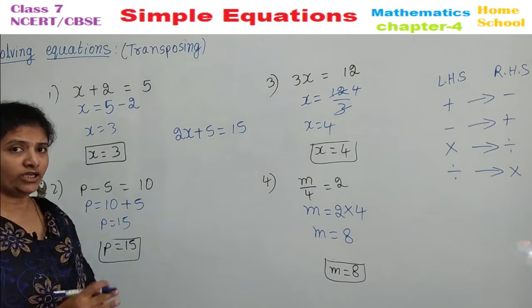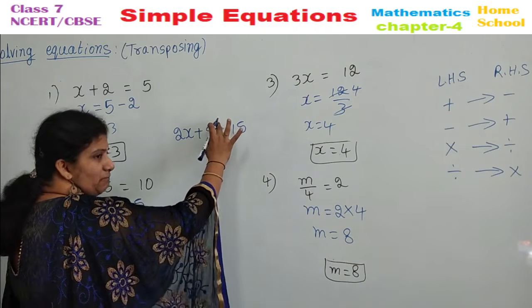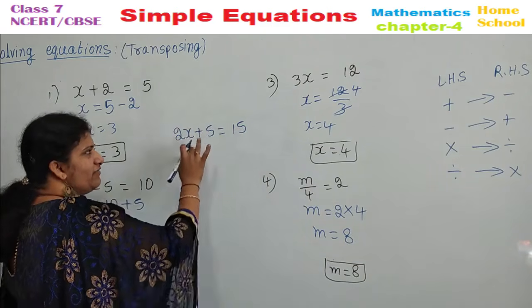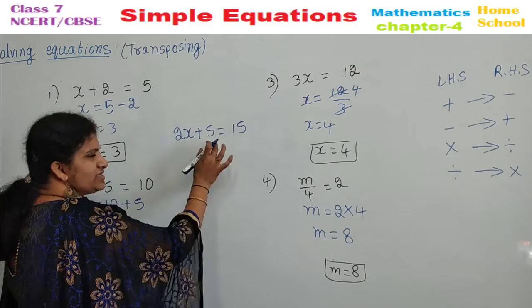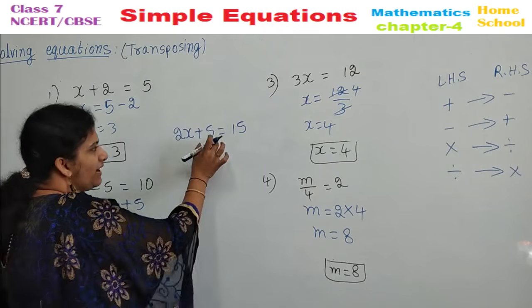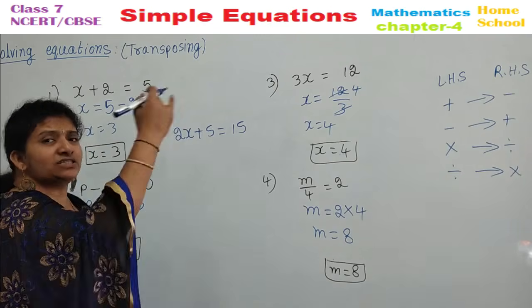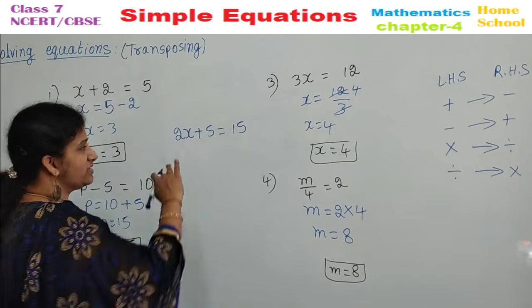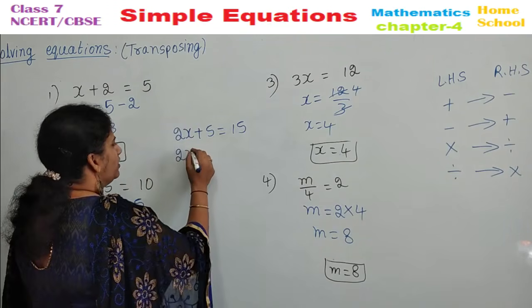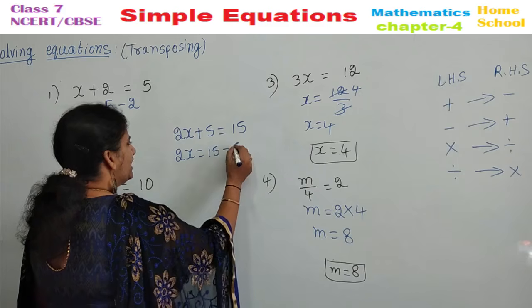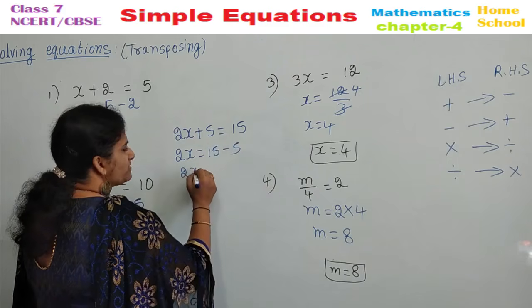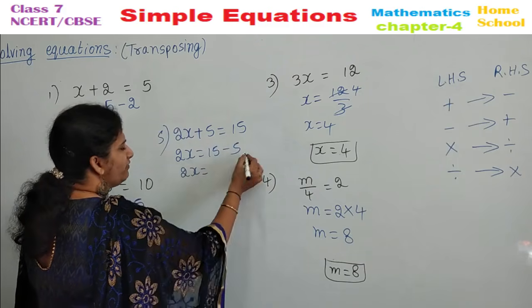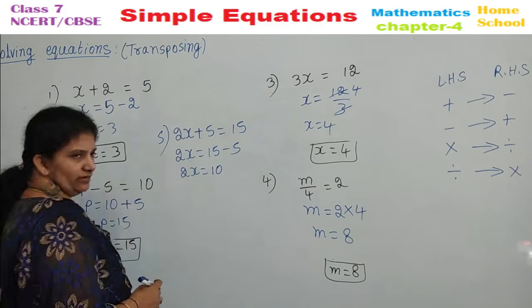First thing you need to do, you need to see the number. Right? Other than the variable and its coefficient, you see the extra number that you have. Plus 5 there. If it is transposed to the other side, what happens? Minus 5. 2x is equal to 15 minus 5. 2x is equal to how much? 15 minus 5 will be 10.